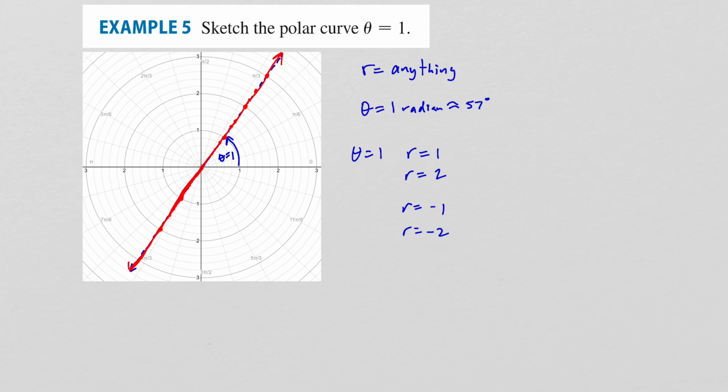So theta equals 1 is just a line through the origin, or through the pole, and then the angle here corresponds to 1 radian. And I realize this is kind of a strange angle. We're used to angles like pi over 6 and pi over 3, but we can get angles like theta equals 1.